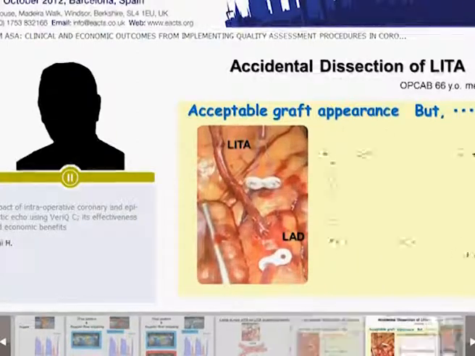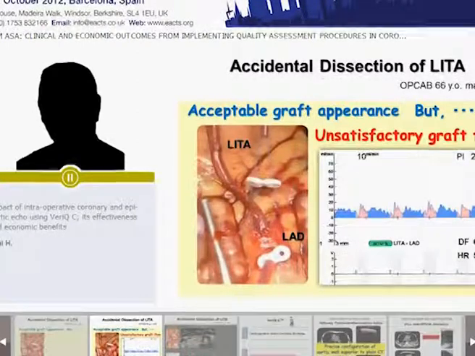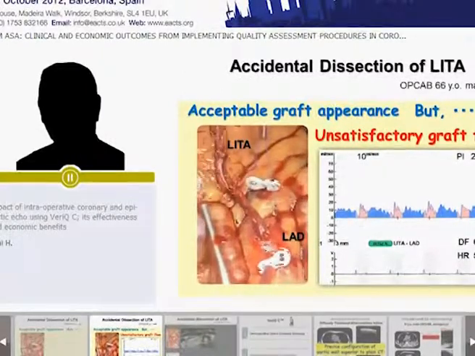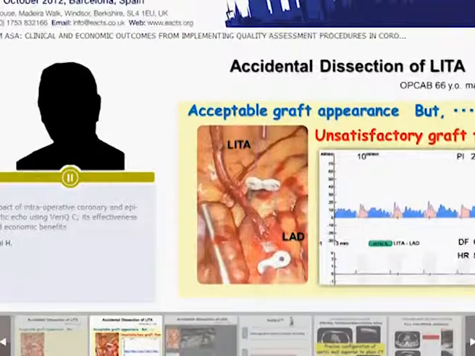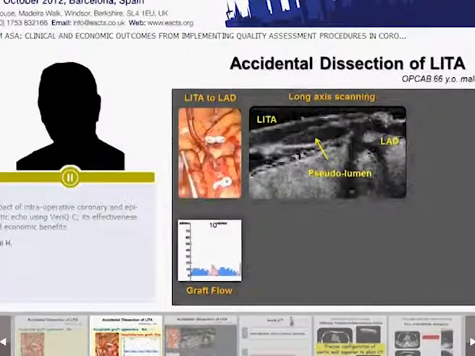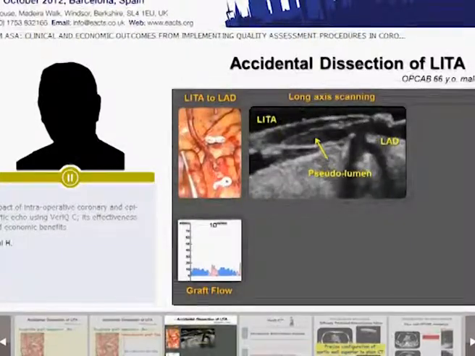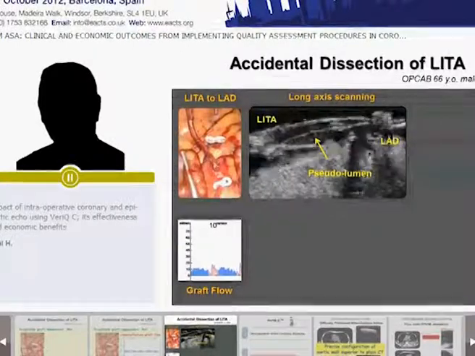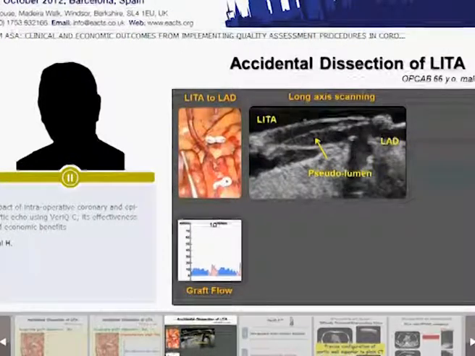But anyway, I sutured, and then transit time flowmetry showed what, for me, is unsatisfactory graft flow, but the PI is okay. Actually, the flow pattern is acceptable, but when I checked it, this is amazing, because there was a dissection just at the anastomotic site of the LITA.